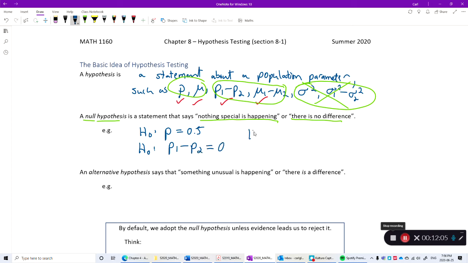Or it could be that the mean value is the same as the mean value for the two populations. Or it could be that the mean is 0. Now, a null hypothesis always involves equals, always uses the equal sign. It's a specific statement that says something is 0, something is a half.